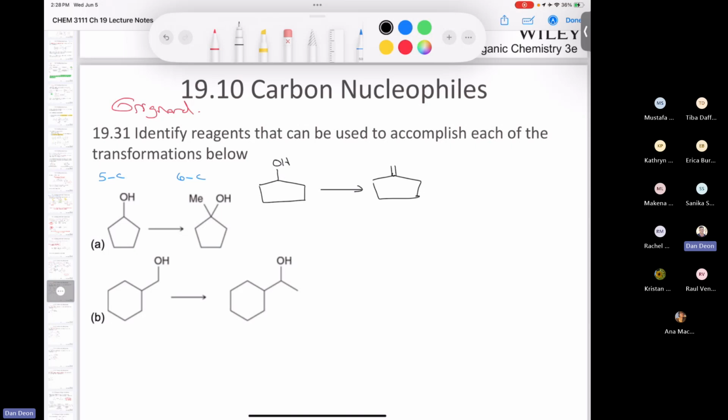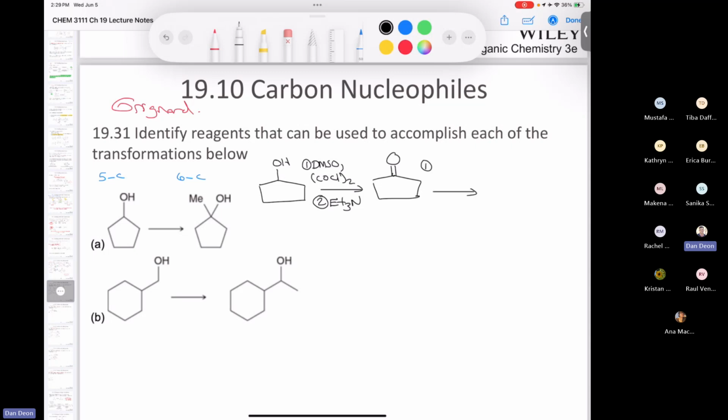They will all work. Okay, I'm going to use the Swern this time. So in the Swern, we had DMSO and oxalyl chloride in the first step. In the second step, oops, I got DMSO on the brain. In the second step, we have triethylamine. So there's our Swern oxidation to give you our ketone. And then in the next part, we just have to use methyl magnesium bromide.